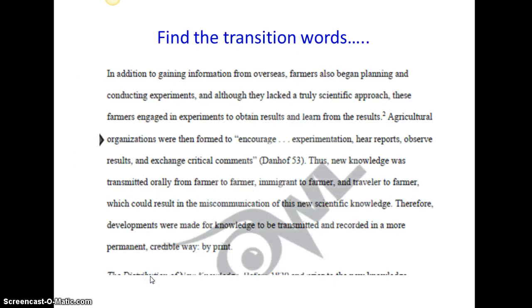All right, so we talked about how to get an A: you need transitions. So let's look at some transition words and how this person uses transitions. Here we have, "in addition to gaining information from overseas, agricultural organizations were then formed, thus new knowledge was transmitted." Notice things like "thus," "therefore." We also have "then formed," which links ideas together. Something that's a tip from me: don't always have your transitions at the beginning as here.